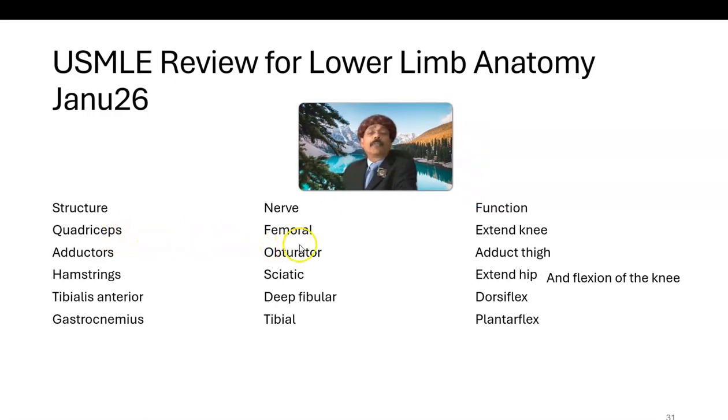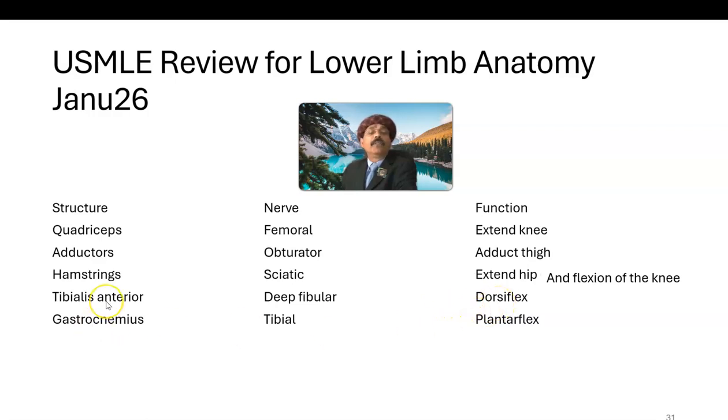Quadriceps muscle, nerve supply femoral, extends the knee. Adductors, nerve supply obturator, adduct the thigh. Hamstring muscle, nerve supply tibial part of sciatic nerve, extends the hip and flexes the knee. This is stronger in the hamstring, a weak extension. Tibialis anterior, deep fibular nerve, dorsiflexes.